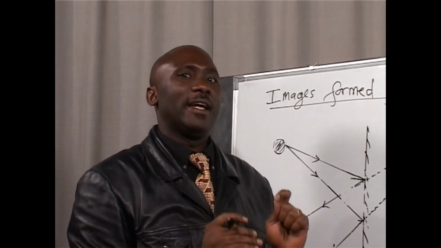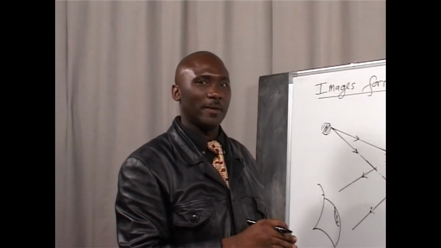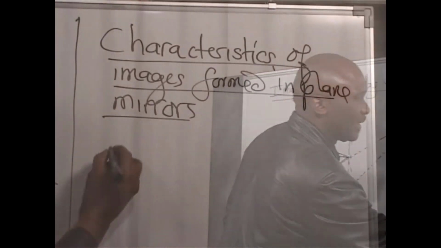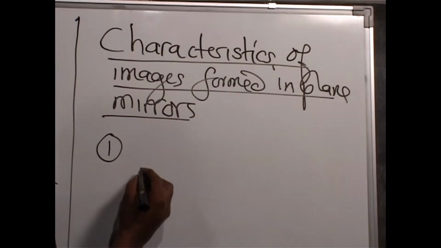Other mirrors are curved. But we are interested today in images formed by a plane mirror. So if we get back to our previous diagram here, we saw that the image formed here is not a real image because light does not actually reach there. So one of the characteristics of images formed in a plane mirror is that the images are virtual.